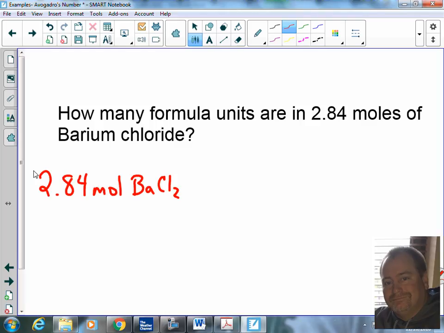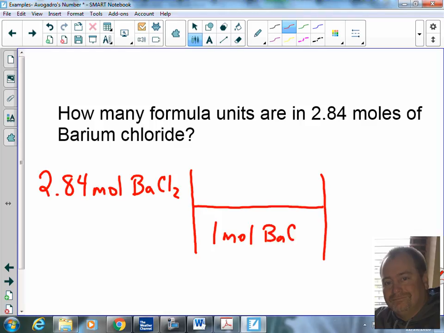Now, my conversion box, as I was going down, I can see right here, what do I want to convert? What do I want to cancel? Moles. So where's that going to end up? On the bottom, right?